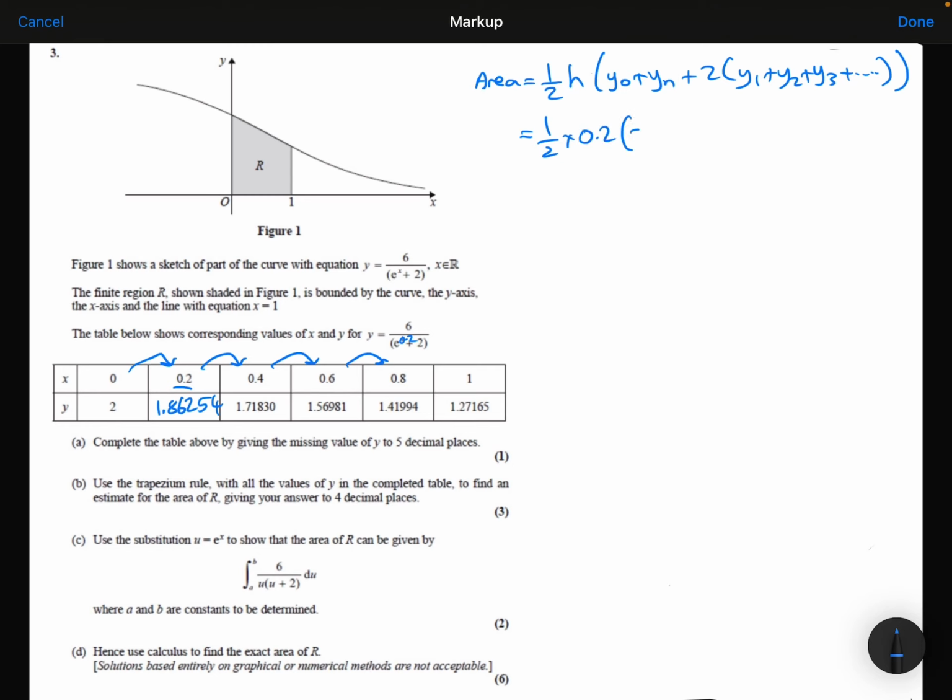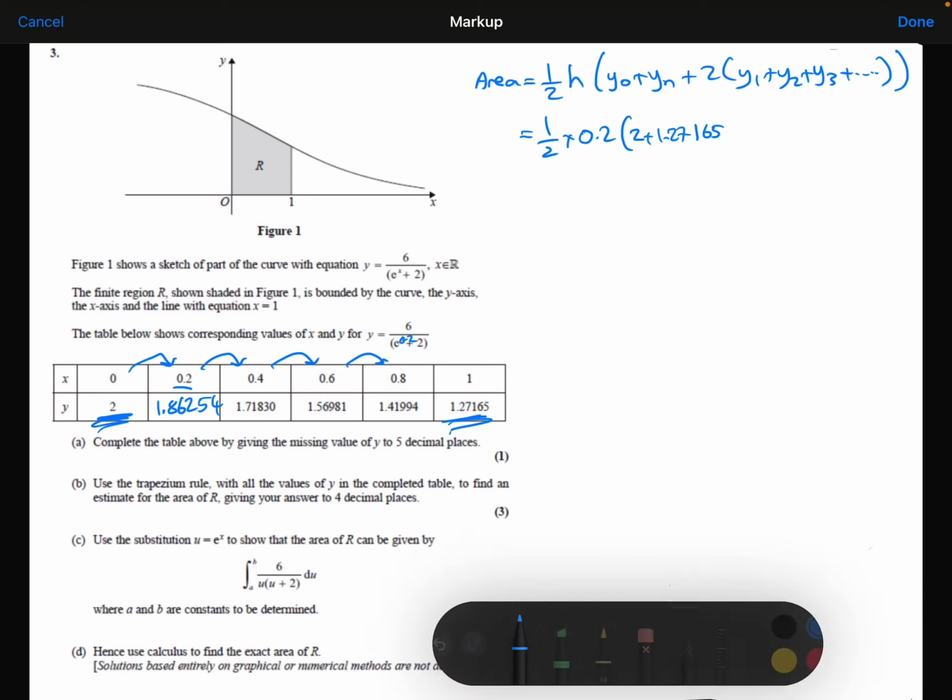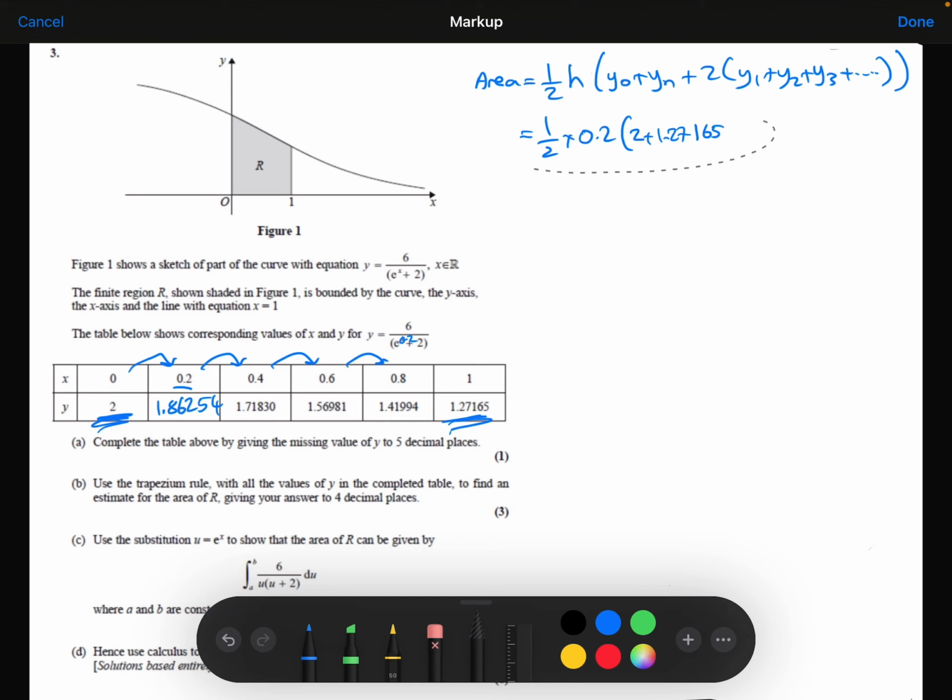The first number is 2, the last number is 0.27165. This is the first number, this is the last number. Then we're going to have 2 lots of everything in between.